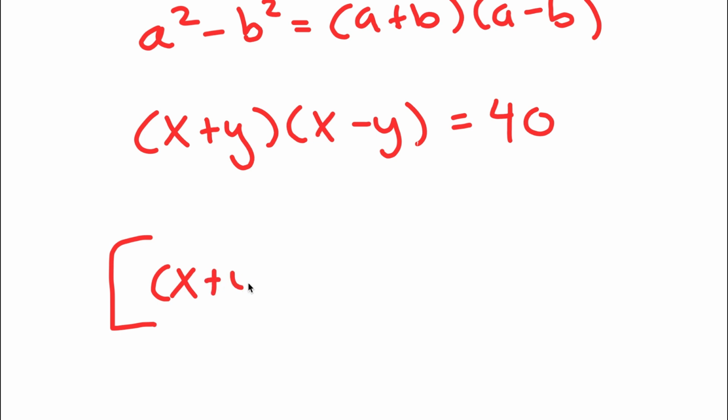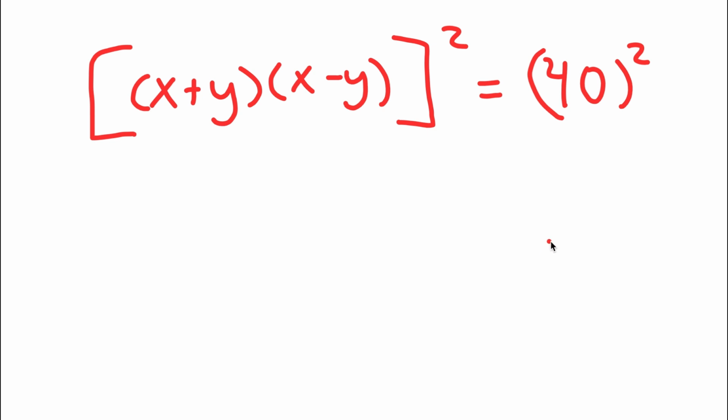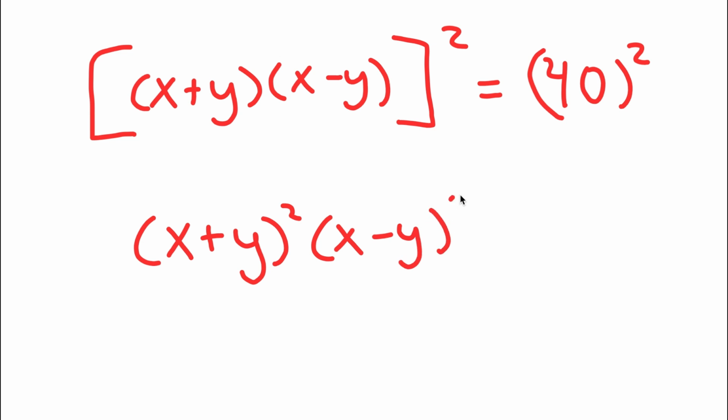So I have (x plus y times x minus y) squared is equal to 40 squared. This is the same thing as x plus y squared times x minus y squared.